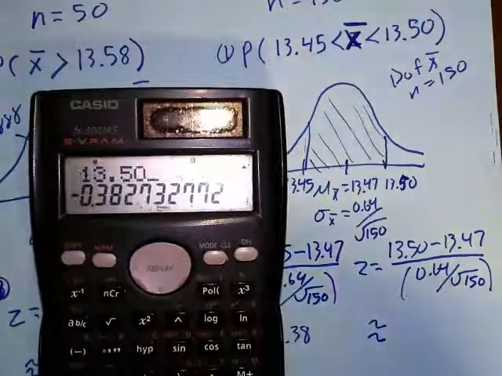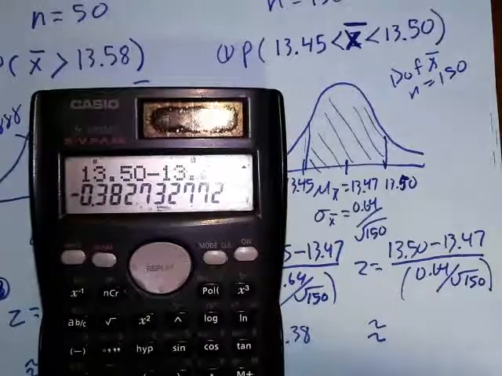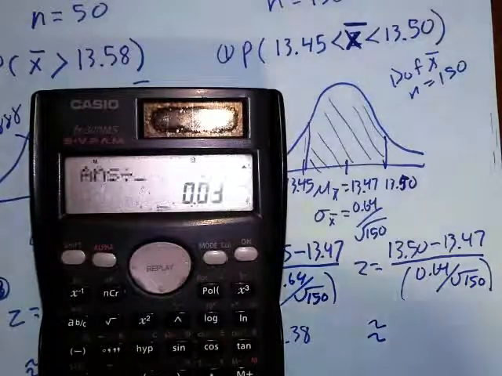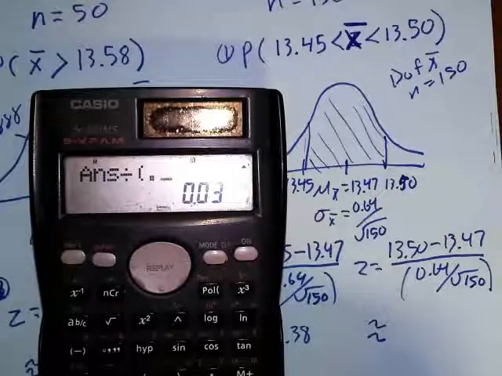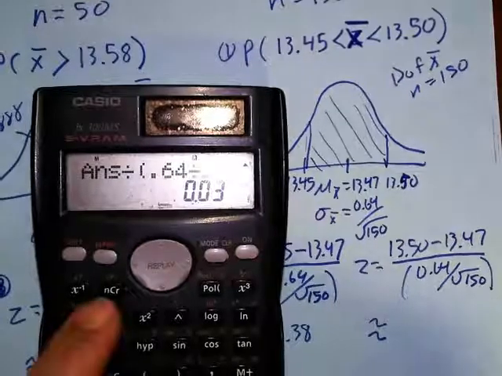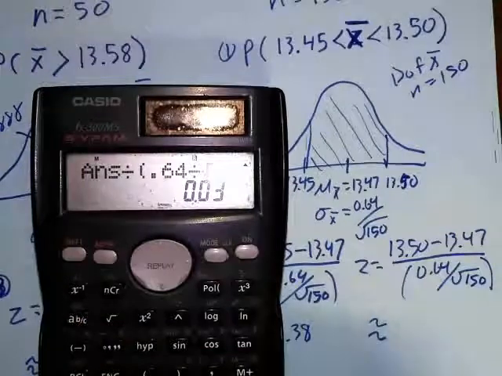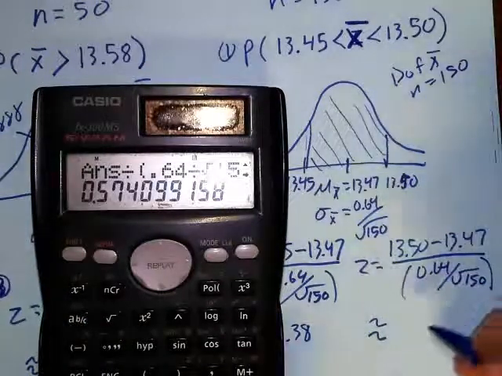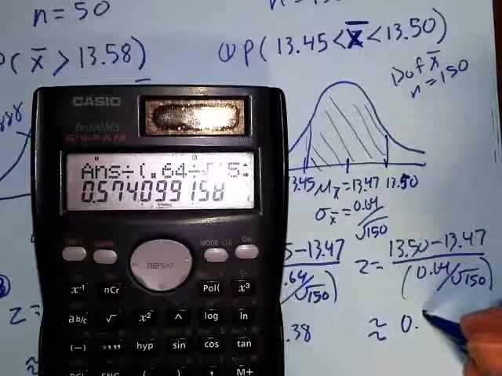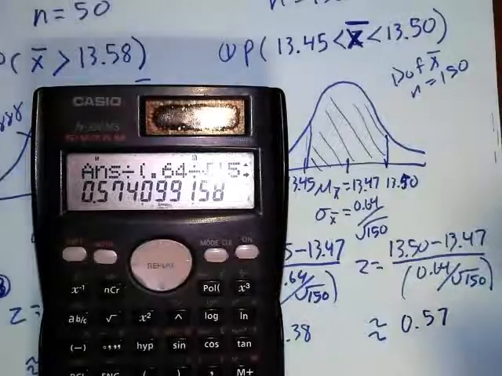So 13.50 minus 13.47. Divide that by 0.64 divided by the square root of 150. And I get a positive 0.57.